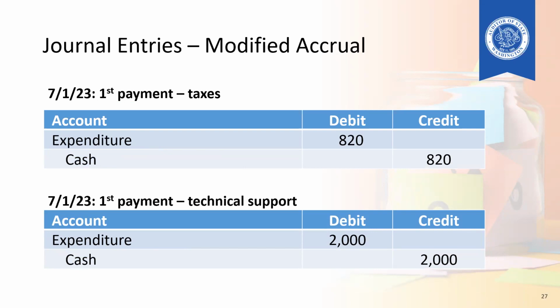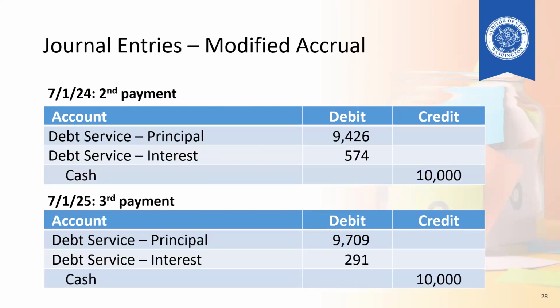Now for the taxes and the technical support, the journal entries are pretty much the same in our modified accrual journal entries. We're going to record an expenditure and then credit cash for the amount paid. Now, unlike our full accrual, we did not record a SBITA asset in these modified accrual funds, so we have nothing to amortize.